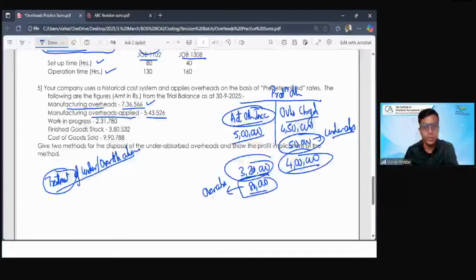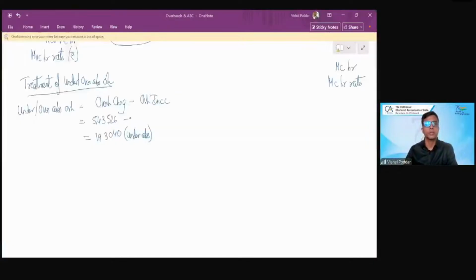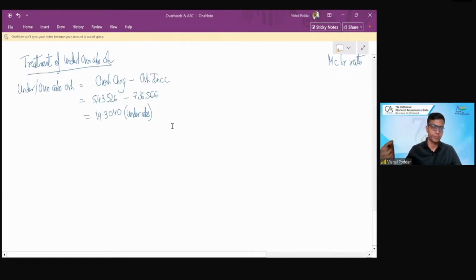And incurred is 736,566. So it is under absorption because I've incurred more and charged less.